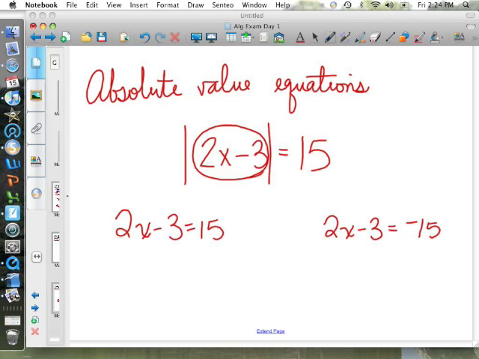When you add 3 to both sides here, you get 2x equals 18. Divide by 2, and one of your x's is 9, because 18 minus 3 is 15, and the absolute value of 15 is 15. Here we add 3 to both sides, get 2x equals negative 12, and we get that x is equal to negative 6.